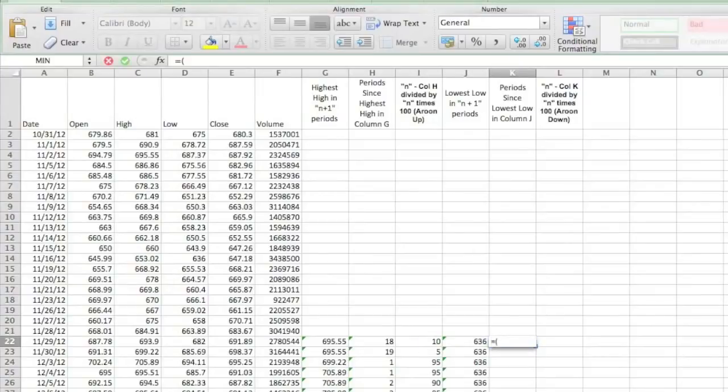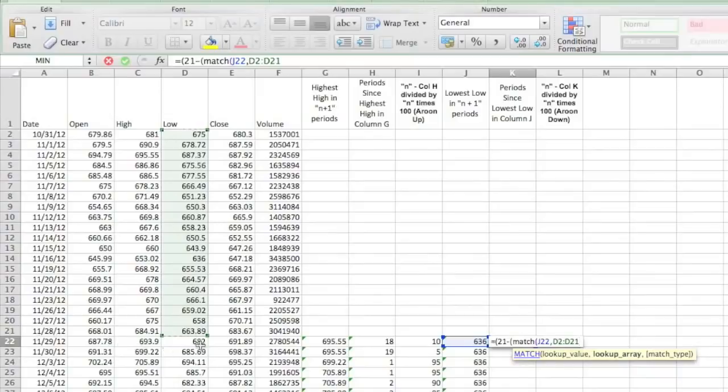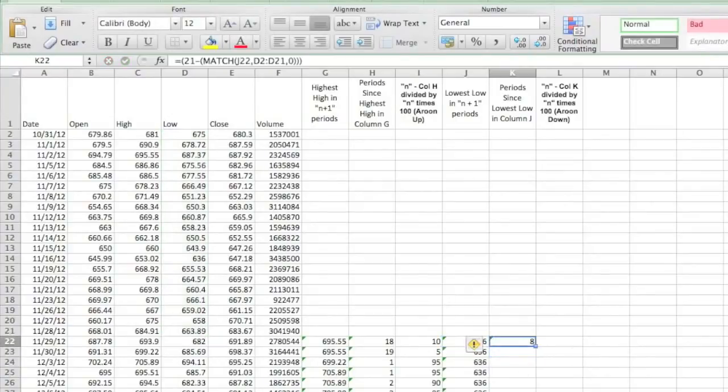We write a match function: 21, minus match 636, then highlight the values where it's going to be found, and 0. So we have 8 days. Let's see, 636 is here: 1, 2, 3, 4, 5, 6, 7, 8. So it's correct. Double click, fill in the rest.